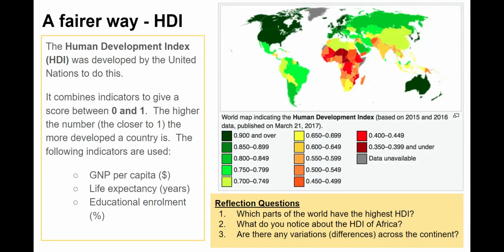For example, the picture A that we looked at at the beginning was in Nigeria, in Lagos, which is just here, which we can see looks like it's got quite a low HDI, between 0.5 and 0.549. However, as we saw from that picture, the city of Lagos looked very wealthy, and it was quite hard for us to tell whether it was an HIC or an LIC.